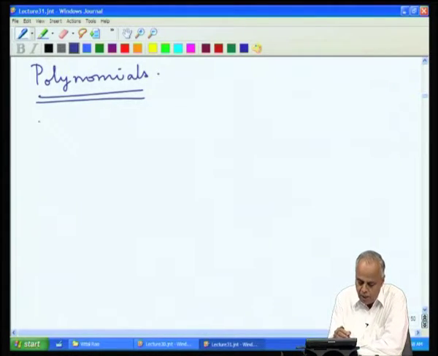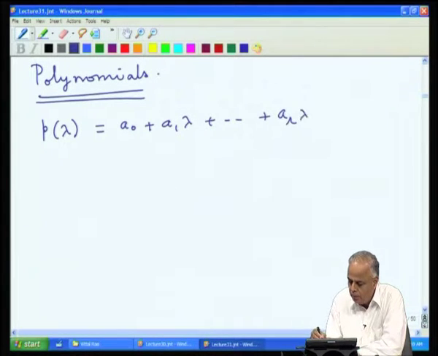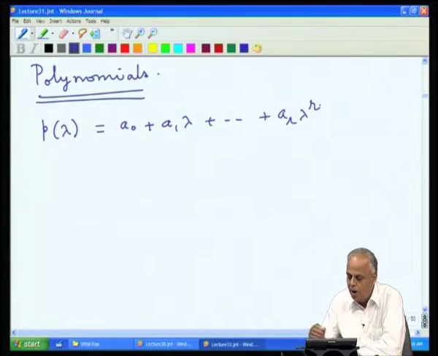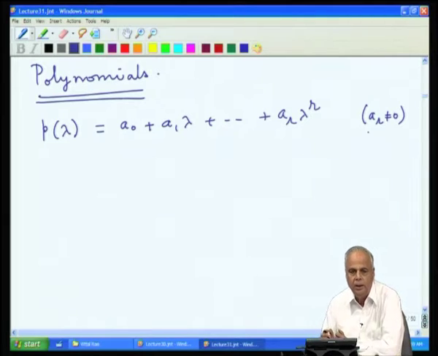So, we will now consider only polynomials over the complex numbers. We always look at a polynomial p of lambda, which is of the form a naught plus a 1 lambda plus and so on up to a r lambda to the power of r. We will assume a r is not equal to 0, so that the degree is r.